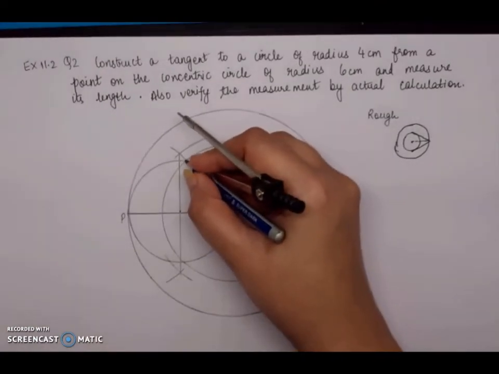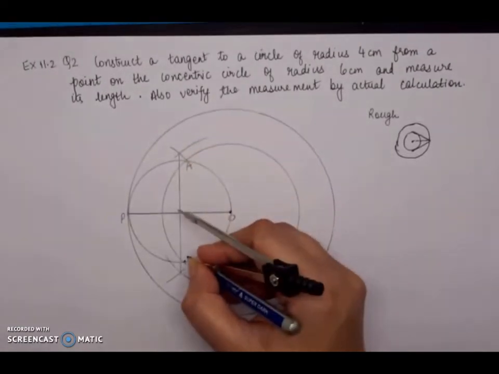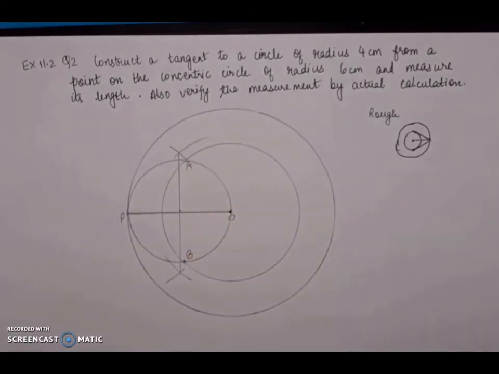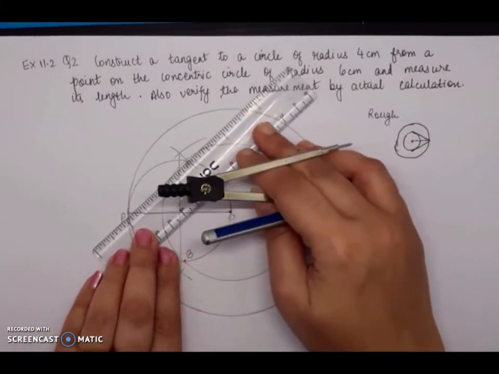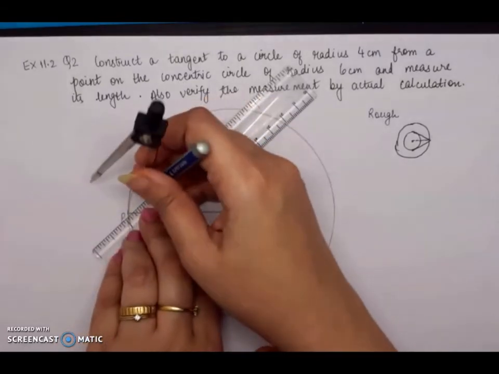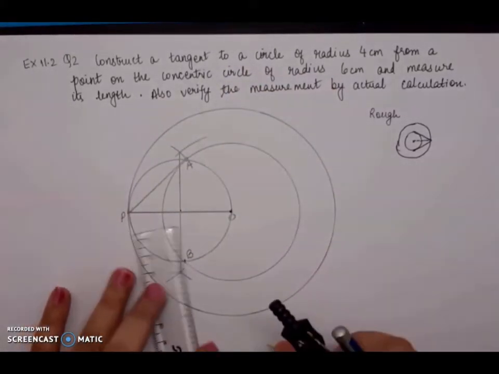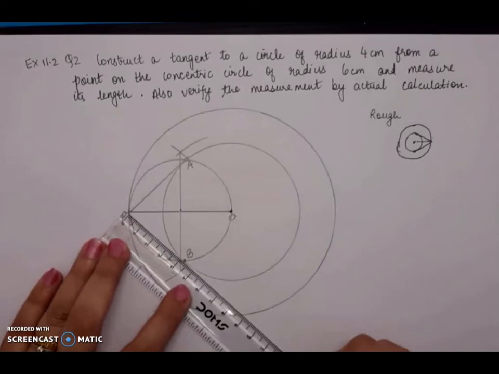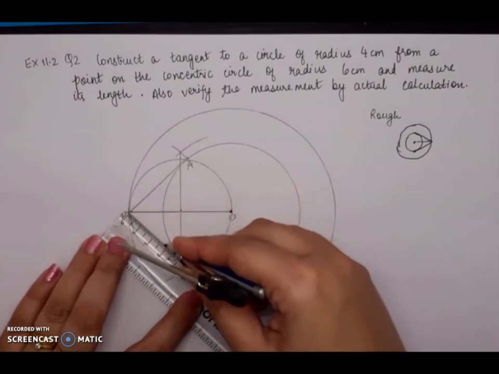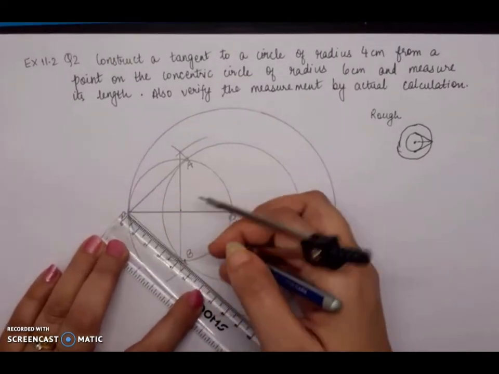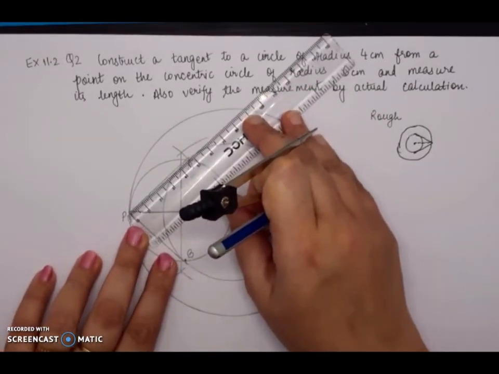Now the points of intersection of this circle with the inner circle, I will mark as A and B. Then I will join PA and PB. Now PA and PB are the required tangents.